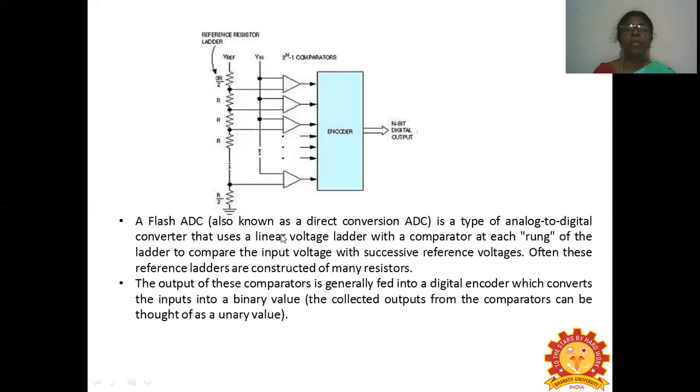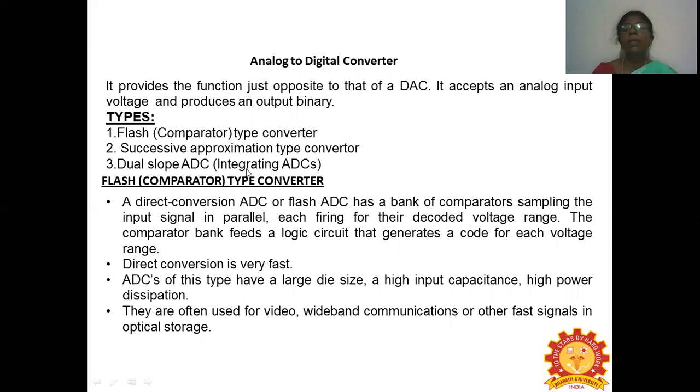Here we have a bank, or set, of comparators. The comparators sample the input signals in parallel, each firing for their decoded voltage range. The comparator bank feeds a logic circuit that generates a code for each voltage.